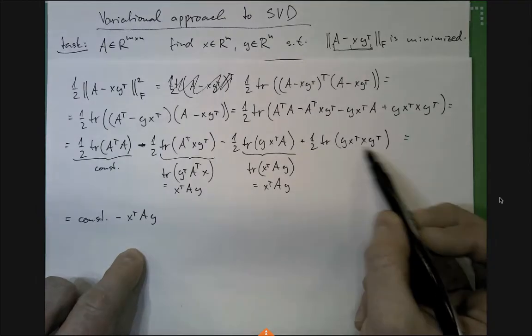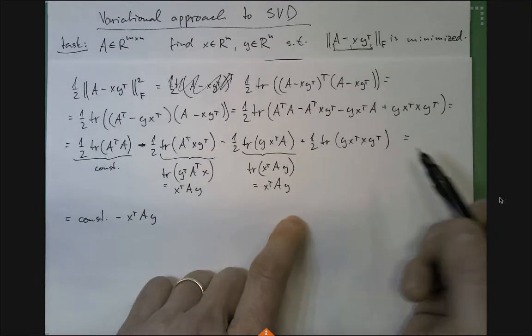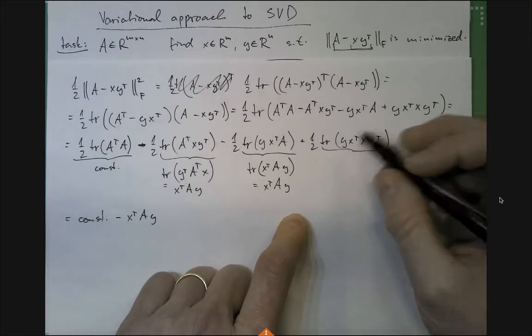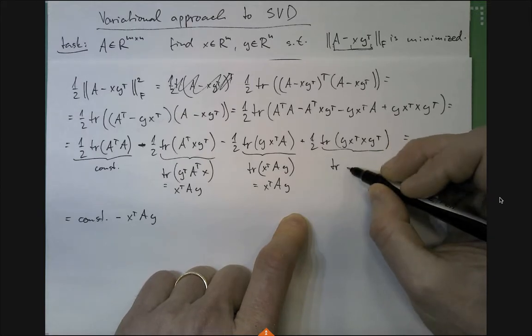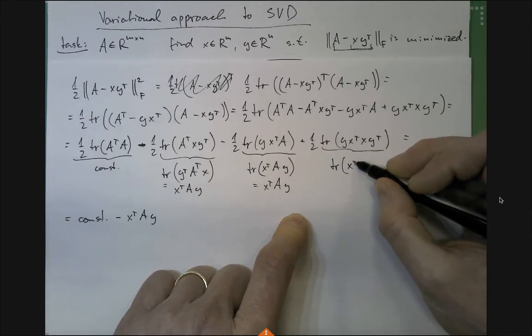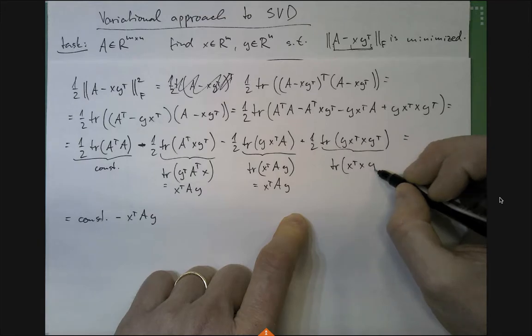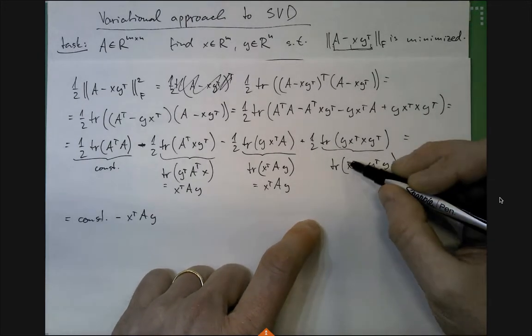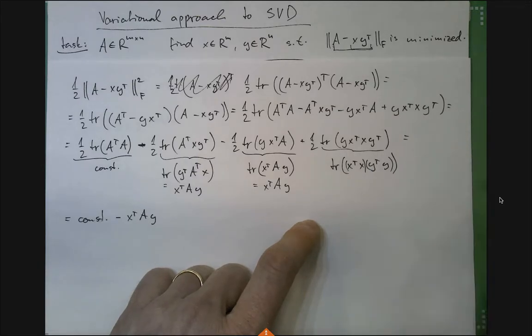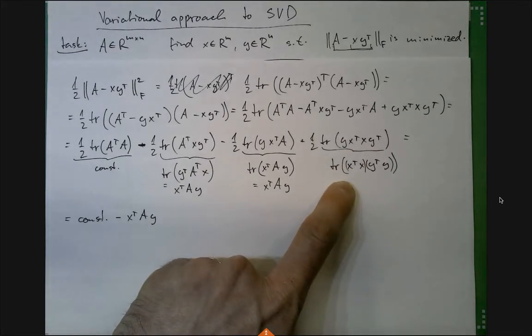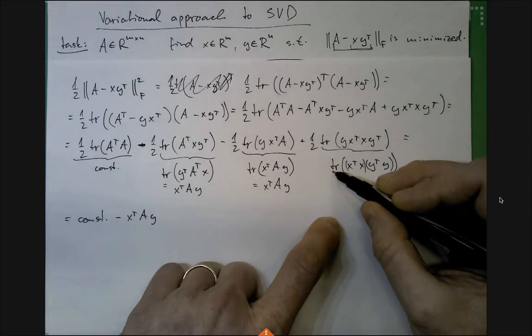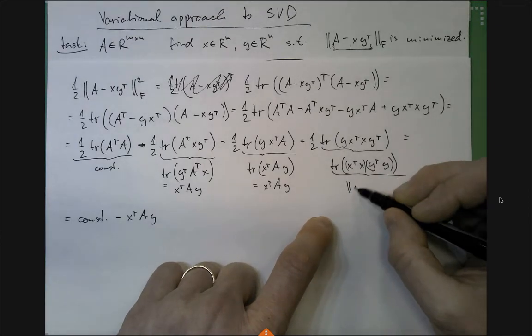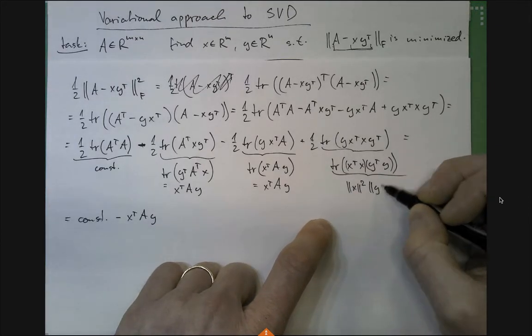Now what about this term here? I can again apply some trace magic to it, right? So what I can do, I can write this as XTX and YTY, all right? And then I can apply associativity, and I can write it like this. But again, this is a number, and this number is nothing but the square norm of x times the square norm of y.